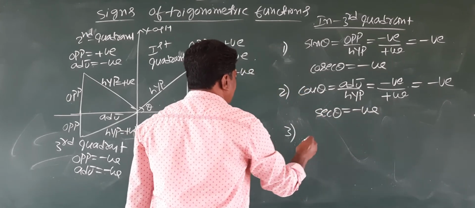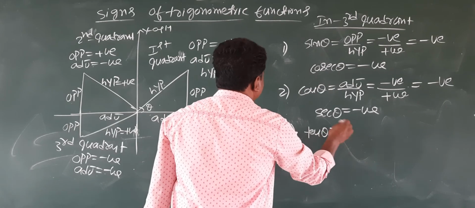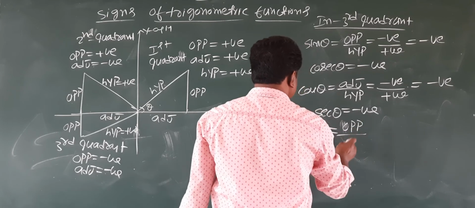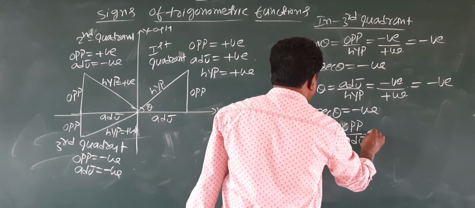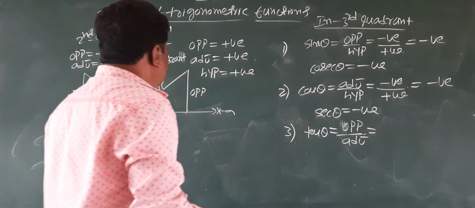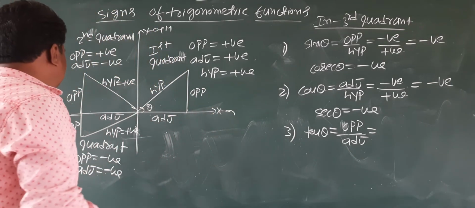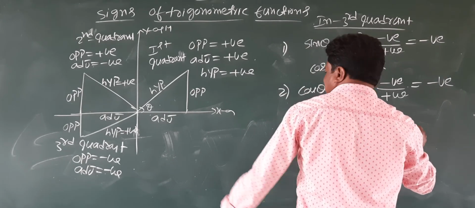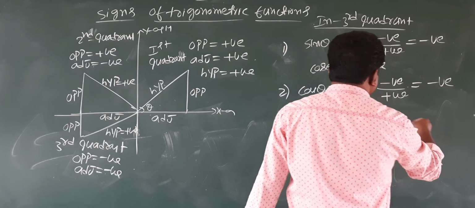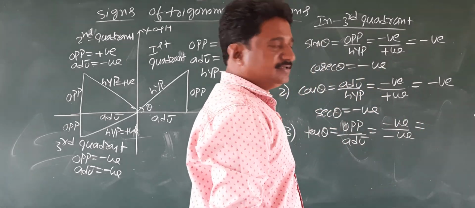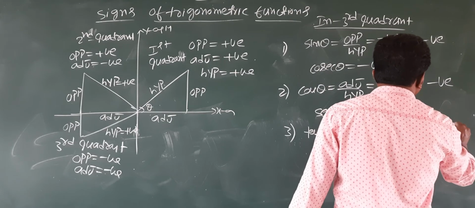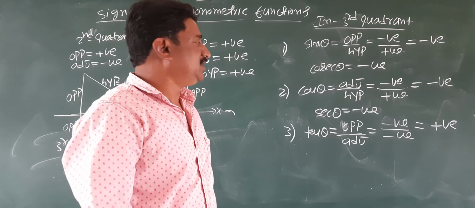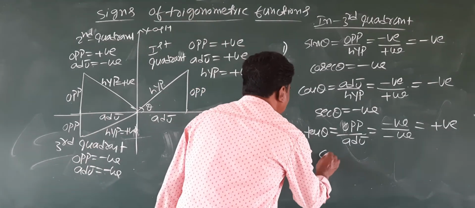Third one, tan theta. Opposite by adjacent. In the third quadrant, the opposite side is negative and the adjacent side is negative. Minus by minus is plus. Cot theta is also positive.